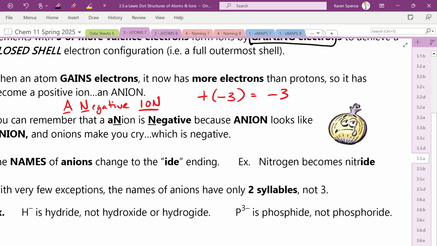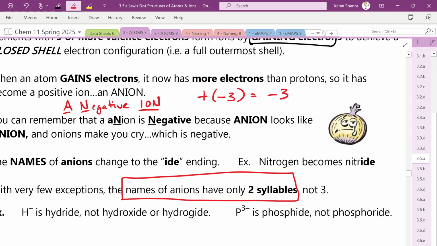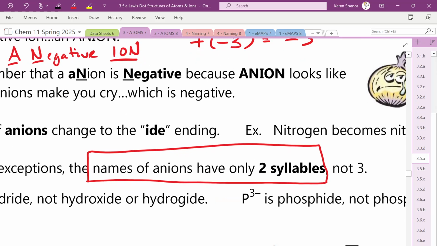Okay, anions. The names of anions should have only 2 syllables. P3 minus, phosphide, not phosphoride. Just phosphide. Is good?